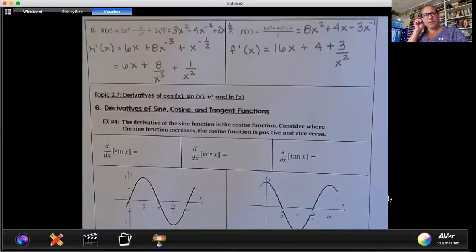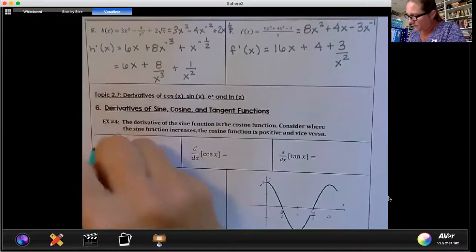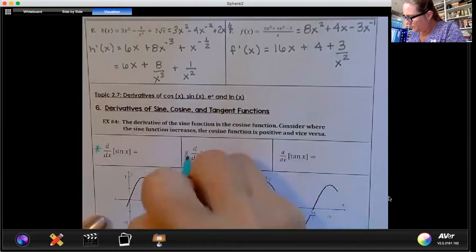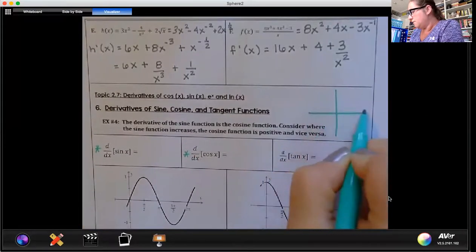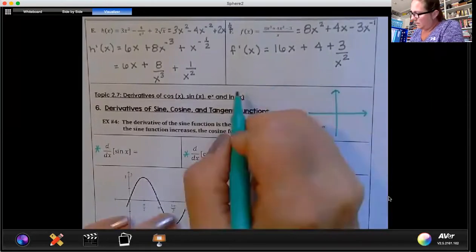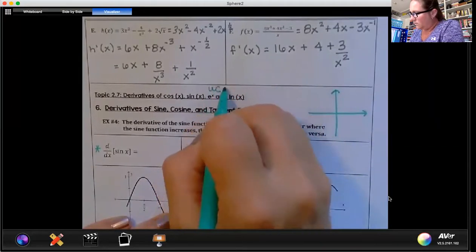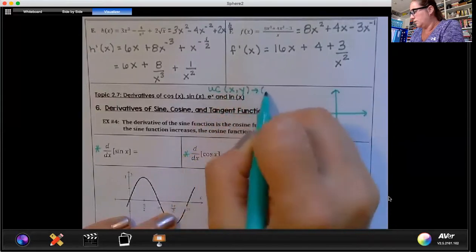All right, derivatives of sine, cosine, and tangent functions. Now, for sine and cosine, we're going to use what I call the derivative circle. Think of the unit circle. On the unit circle, you have coordinates x and y, which are cosine and sine.